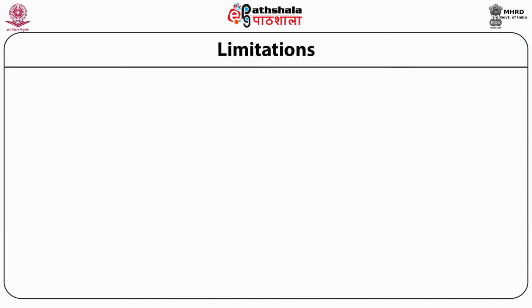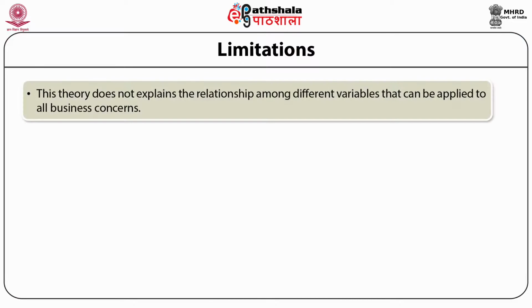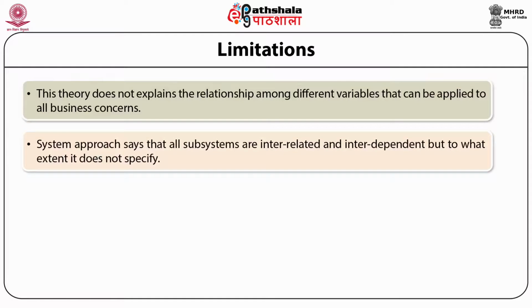Another limitation of this theory is that it does not explain the relationship among different variables that can be applied to all business concerns. System approach says that all subsystems are interrelated and interdependent, but to what extent it does not specify.